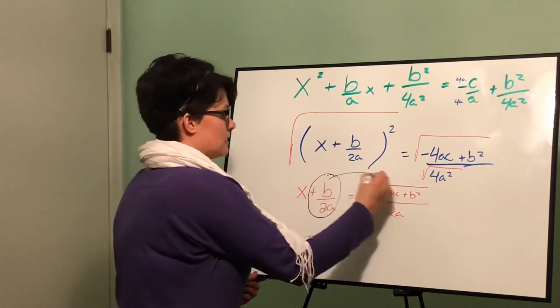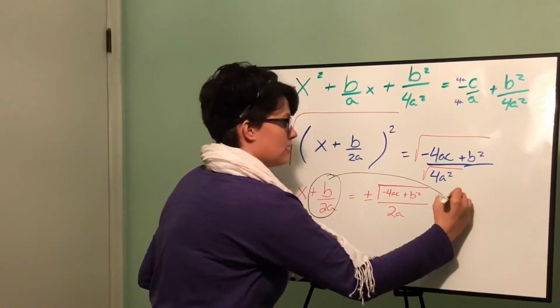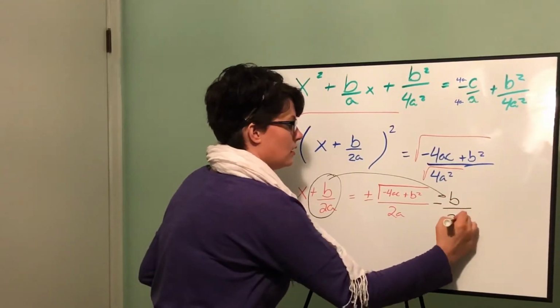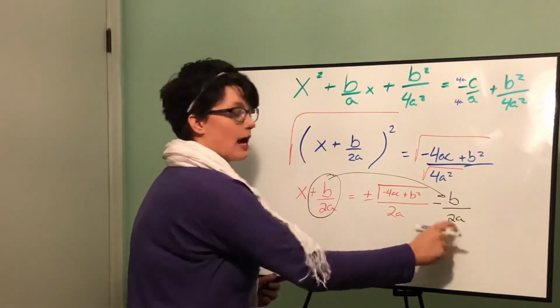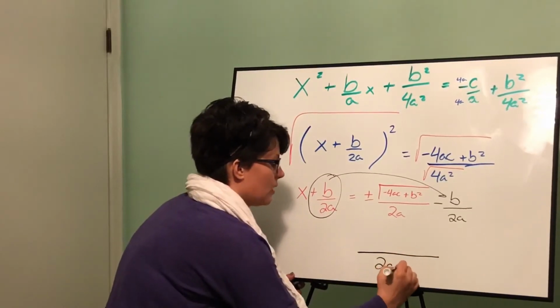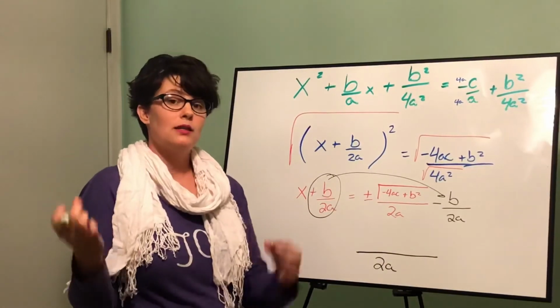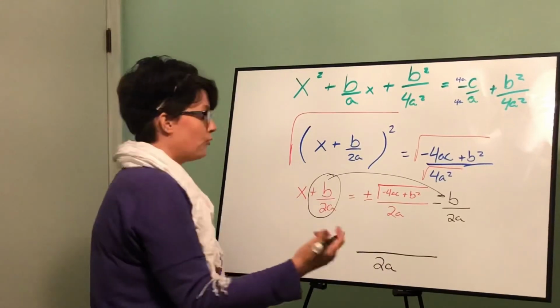Finally, we just need to move this over here. We would just subtract it to get it over to the other side. And since it's a common denominator, everything will be combined over that common denominator. And you can see now that we have all the elements that we need for a quadratic formula.